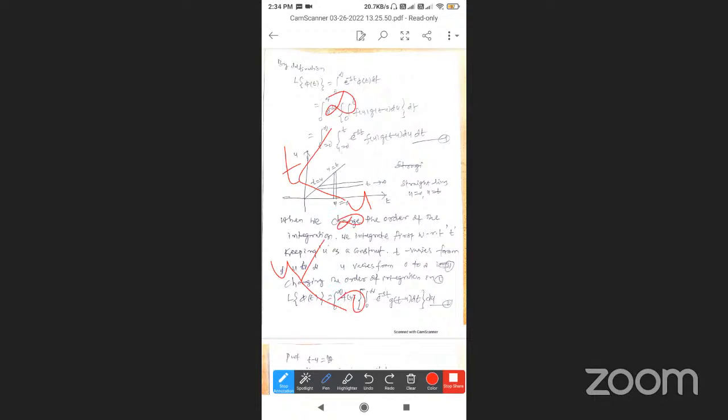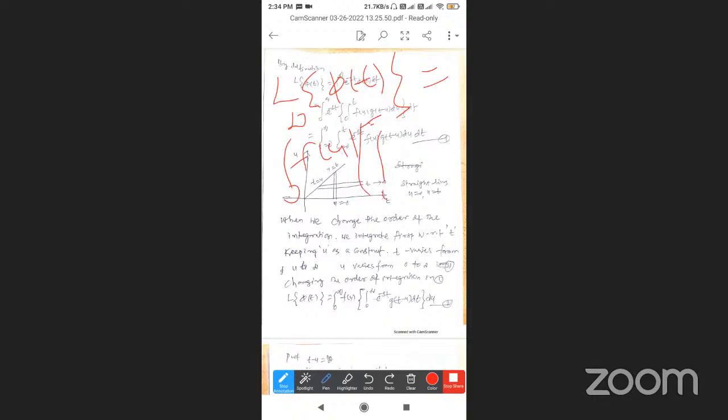So we change the order of the integration in equation 1. The Laplace transform of phi of t is equal to the integral from 0 to infinity of f of u, and next to that, the second integration from u to infinity of e power of minus st into g of t minus u dt.